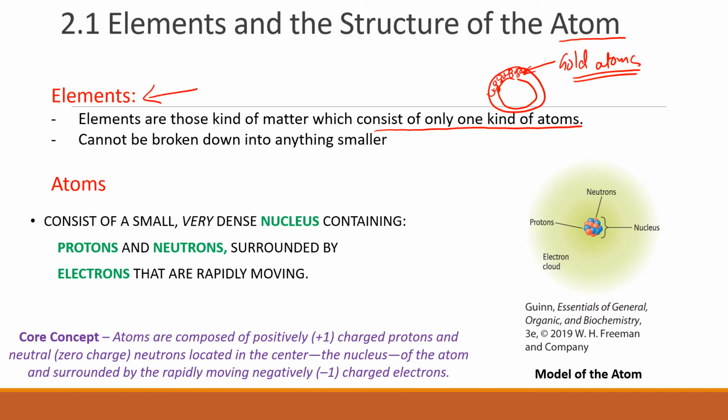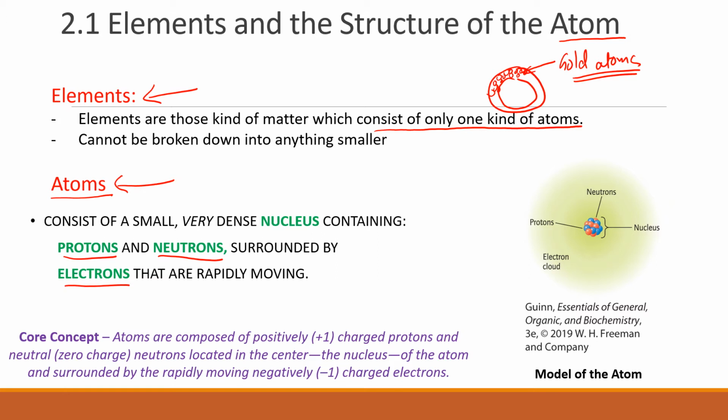Now, next question is, what are atoms made up of? So atoms are made up of three subatomic particles, and these particles are called protons, neutrons, and electrons.